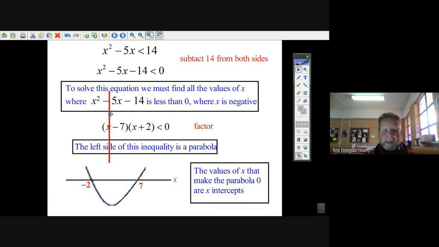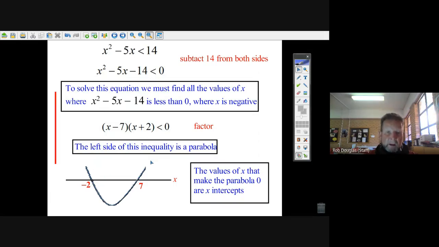That means where is x minus 7 times x plus 2 less than 0? And less than 0 means, another word, negative. Where are the values negative? Well, in all these questions, when you have a quadratic like that, that quadratic is really a parabola. X squared minus 5x minus 14 is a happy parabola.